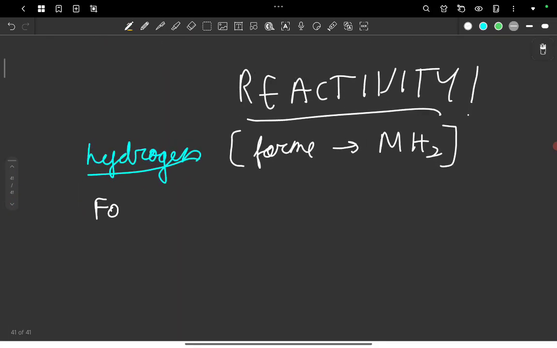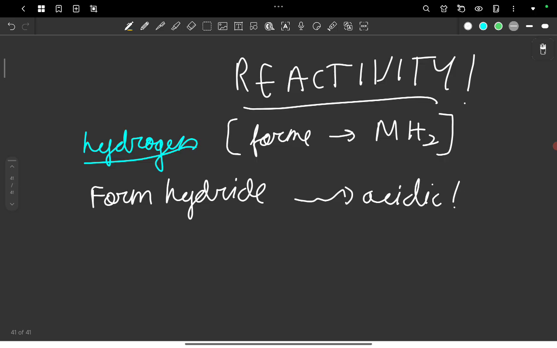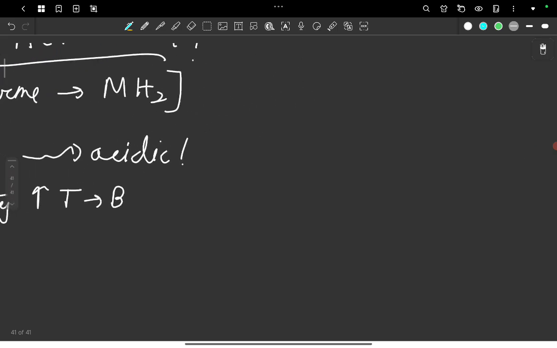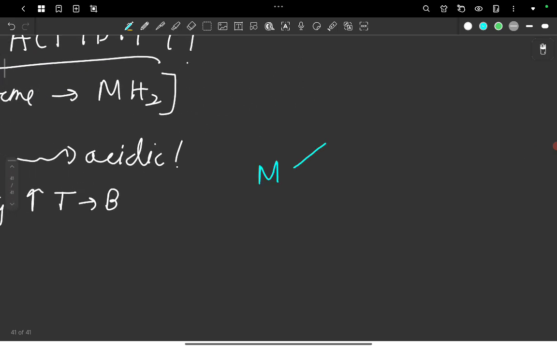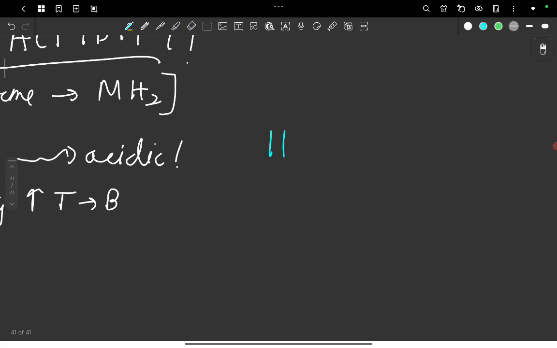Let me write the form, hydride, and they are acidic. The acidic character increases from top to bottom. Why is that? Because the structure of the hydride looks like this.